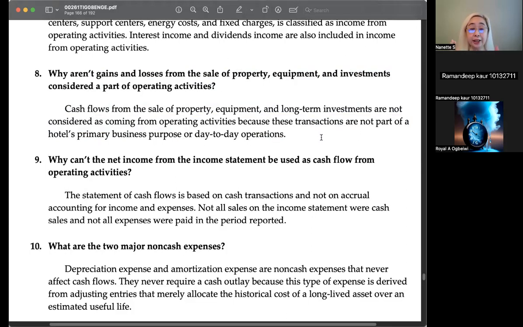Right. So it is categorized in a separate area in your statement of cash flow. It's not really income from the business. If you sell, let's say, your buffet table, or you sell your walk-in freezer, or you sell a parcel of your land, this would be categorized as sale of property, equipment, or investment.